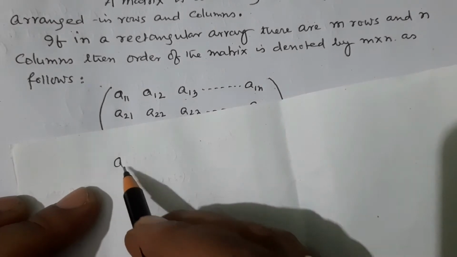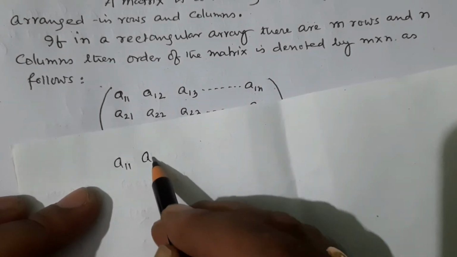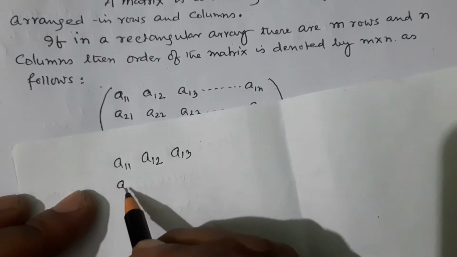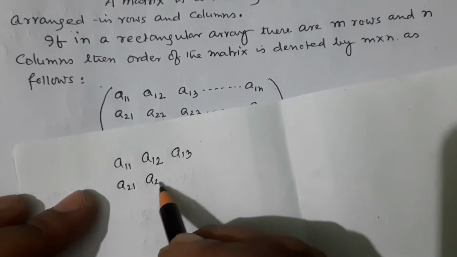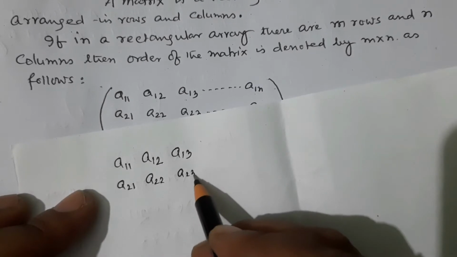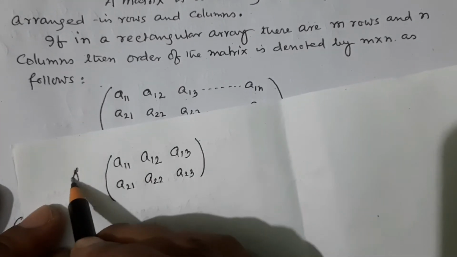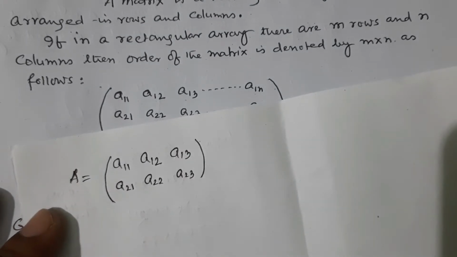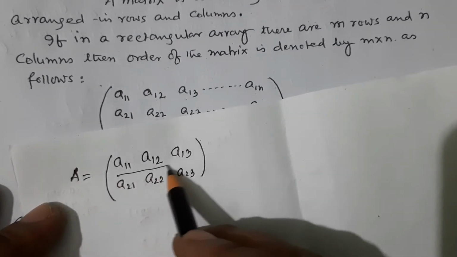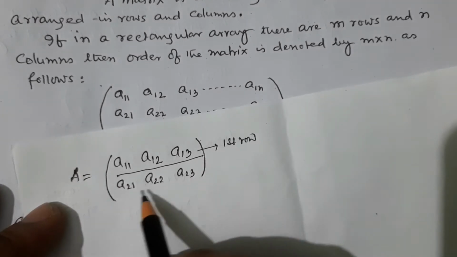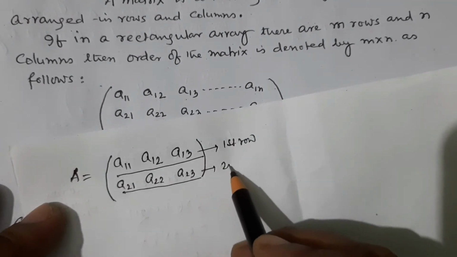Suppose this is A11, A12, A13, A21, A22, A23. This is a rectangular matrix denoted as A. This is the first row, and this is the second row.